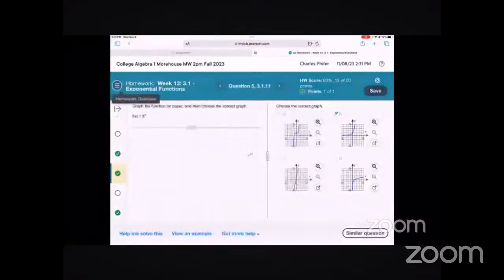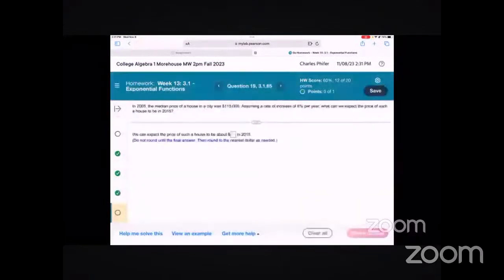In 2005, the median price of a house in a city was $115,000. Assume a rate of increase of 6% per year. What can we expect the price of such a house to be in 2015? Let me see.